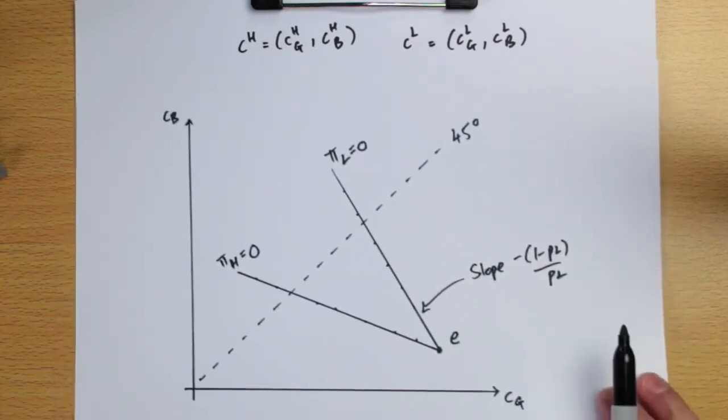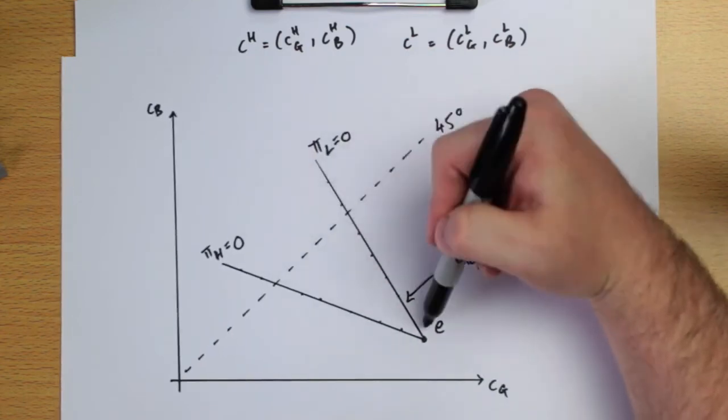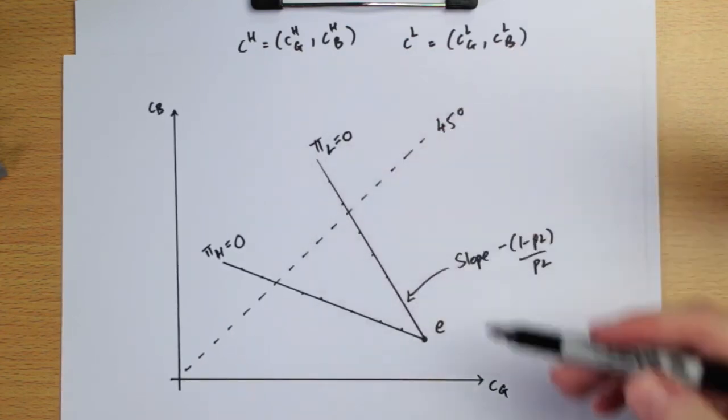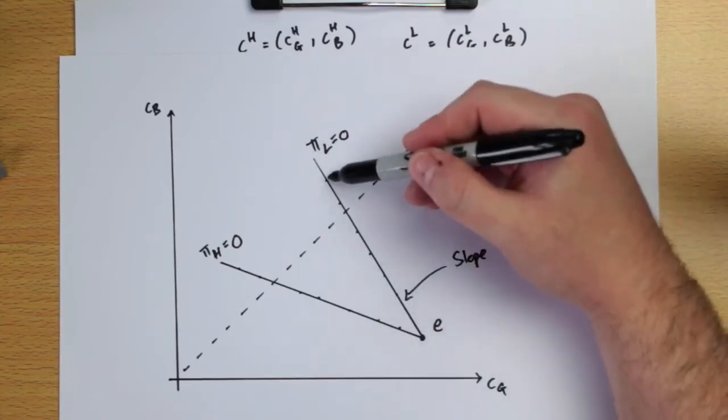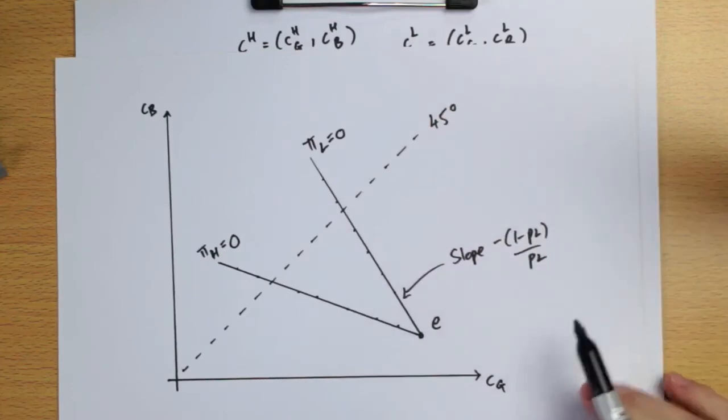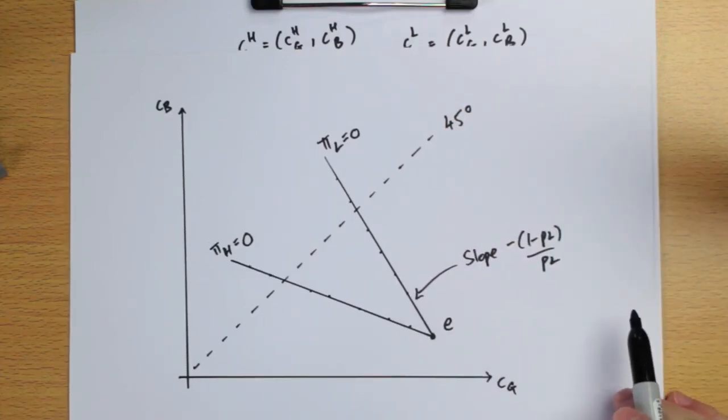What does this mean graphically? Well, we know that the indifference curves come underneath here. We're saying each consumer's contract is on this line somewhere, on the highest indifference curve possible.